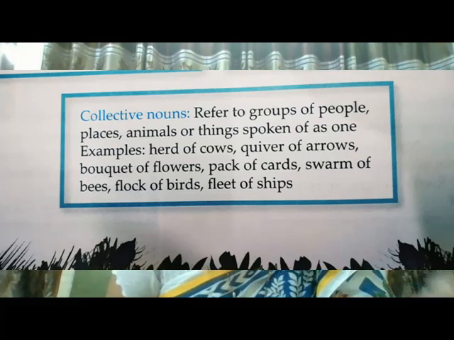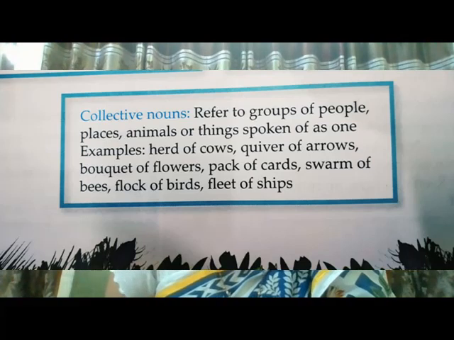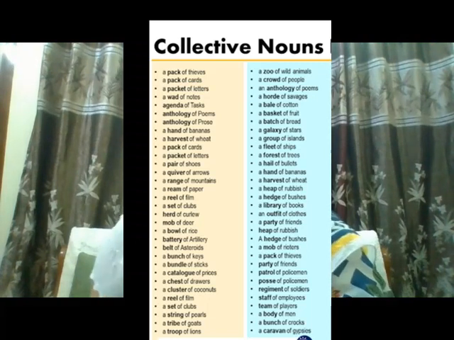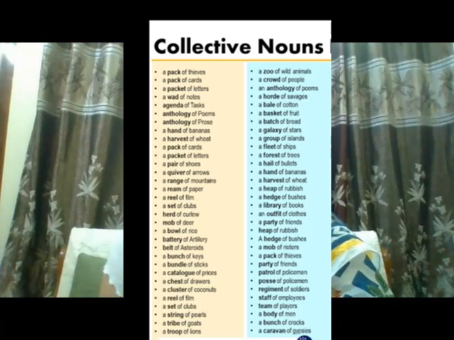Now let's go through the examples written on your screen. You can see a list of collective nouns, like a pack of thieves. In this, a pack of thieves, the word pack is a collective noun, and it is used for the word thieves.